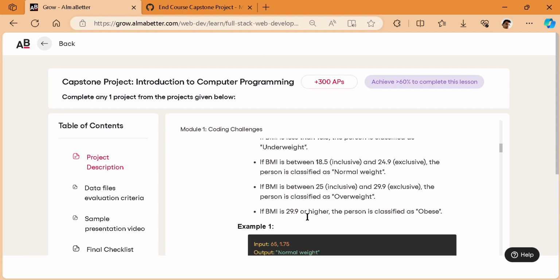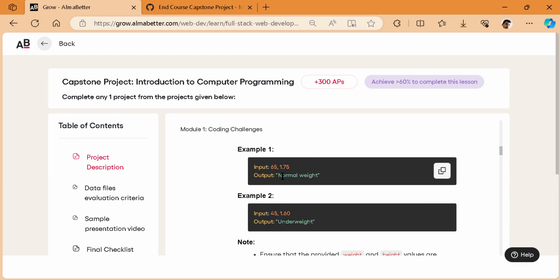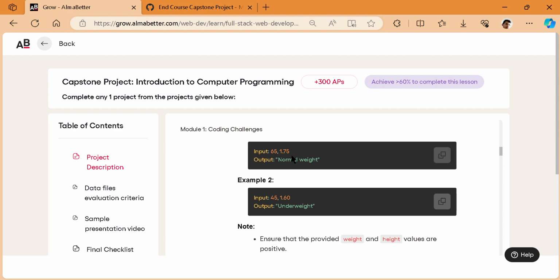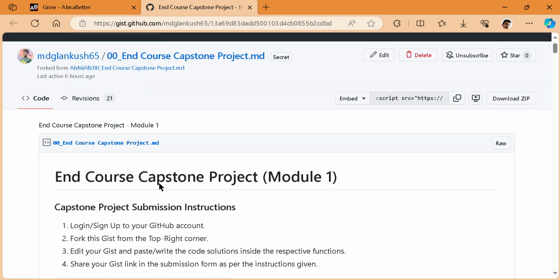And if BMI is 30 or higher, then the person is classified as obese. Here's an example: input weight 65 and height 1.75 meter. When we calculate it, the output is normal weight. Now let's come to the code.